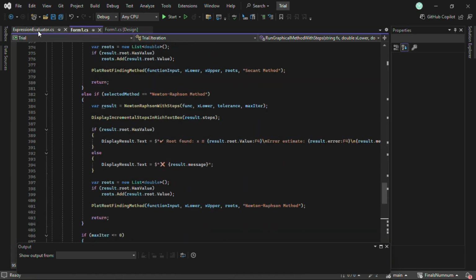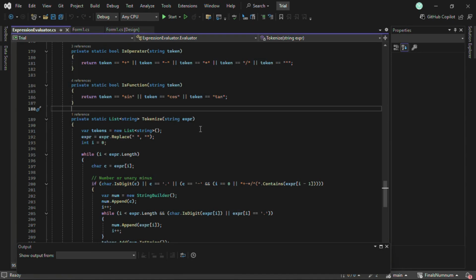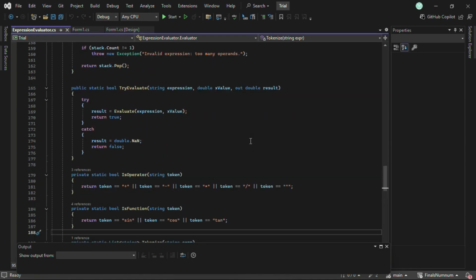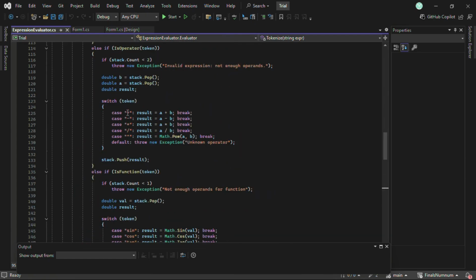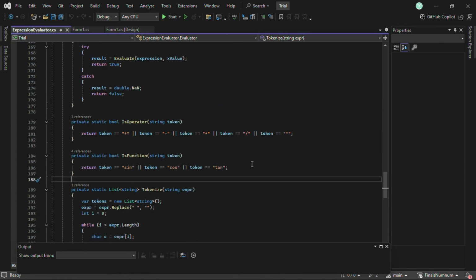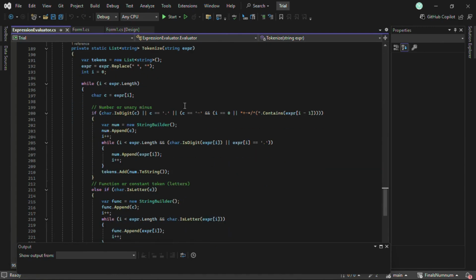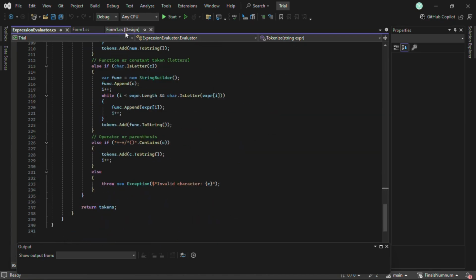And in another class, this is where I place the functions of the arithmetic operations, the plus, minus, multiply and divide, the sin, cos, and tan, and also the point, exponent, and parenthesis.